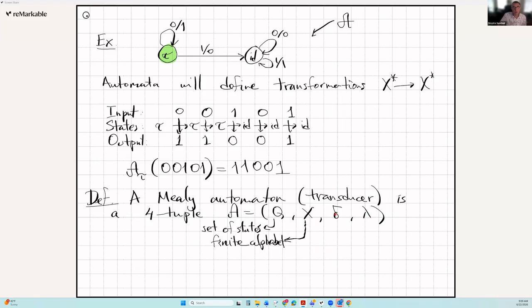Transition function will tell you where you go in your automaton if you read an input letter. And output function will tell you what letter you output when you are somewhere in the automaton, and then you read some input letter. So let's start with lambda, for example. This is the output function.